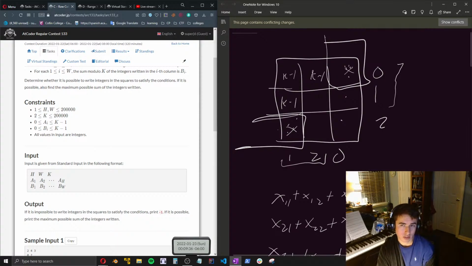Using k-1. That seems like it'd always be optimal. Already? Because you could, like, change the value here. Well, what are you gonna do about that?